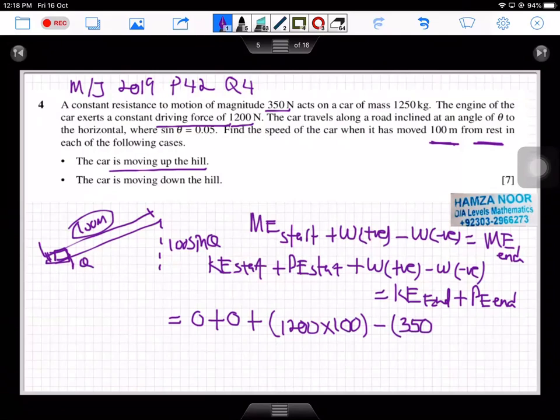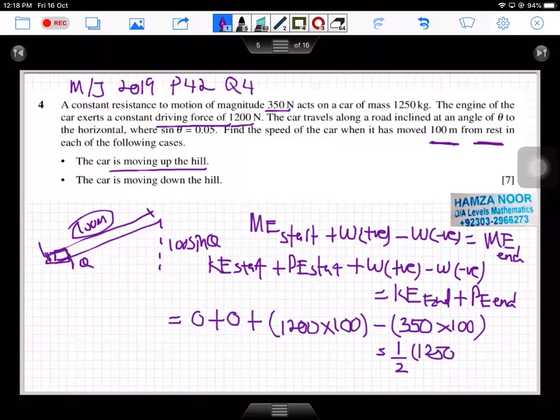So 350 multiplied by 100. All right, and this whole thing is equal to kinetic energy at end plus potential energy at end. Kinetic energy at the top of the hill would be half mv square, where m is 1250 and we don't know the speed. We need to find the speed.